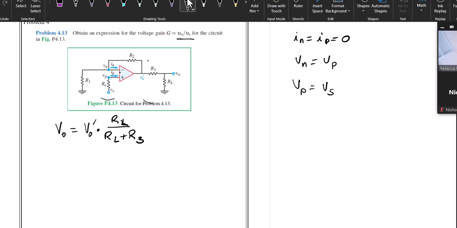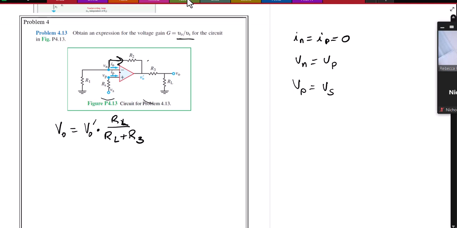Okay, so now let's think about this current right here. IN is 0, and so my current flowing through R1, all of that current has to also flow through R2 because IN is 0.